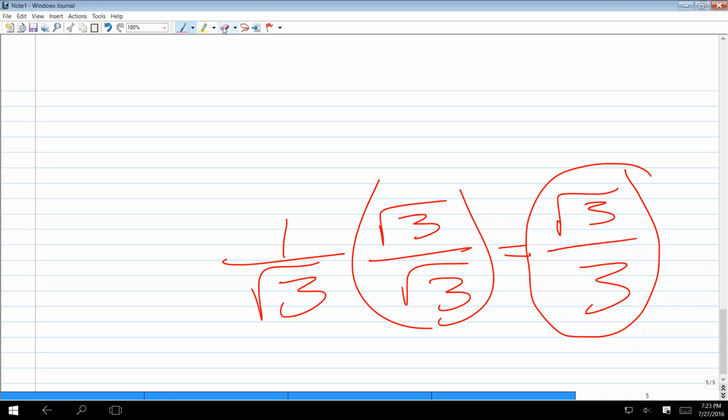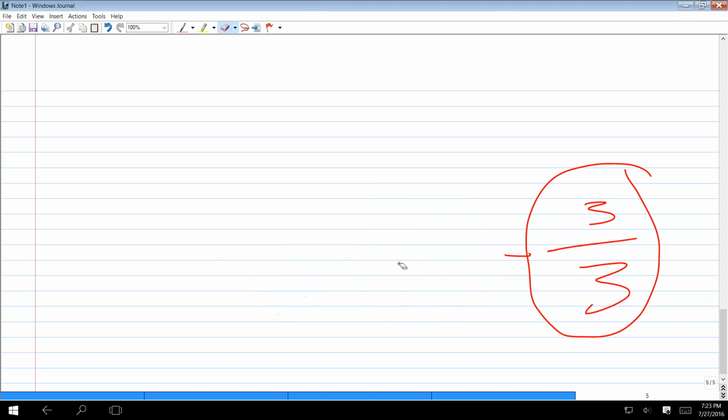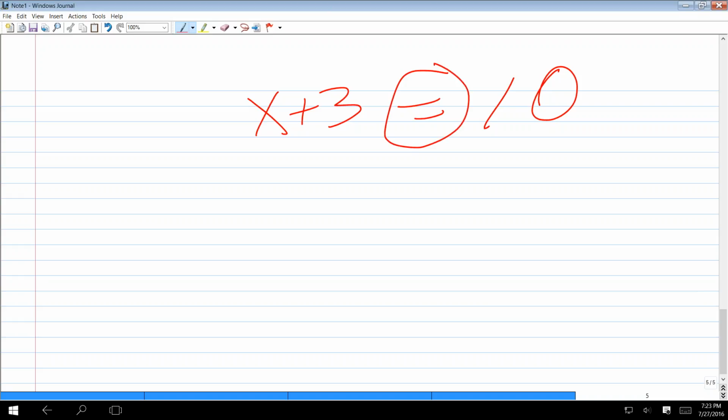Okay? Now, there's something I want to impress upon you that may not be obvious. If I have an equation, notice that equal sign. That's an equation. I can do anything I want to the left side as long as I do it to the right side.